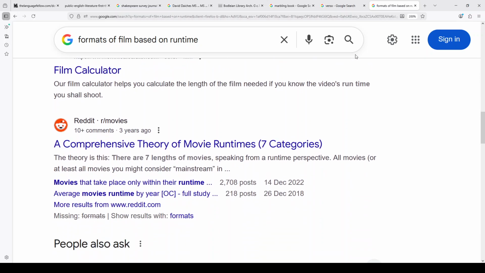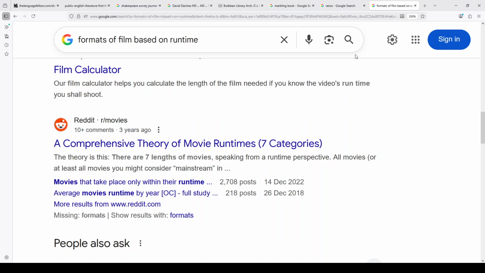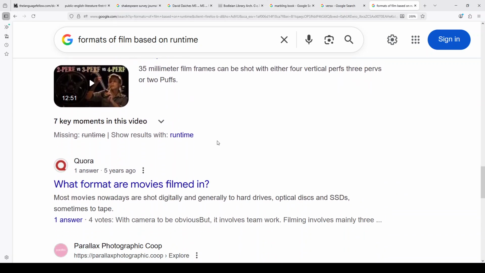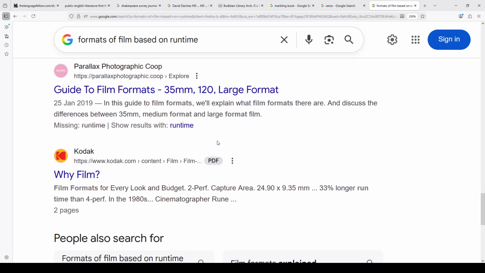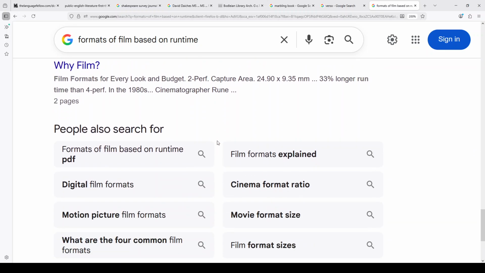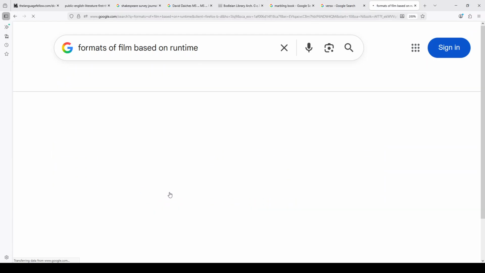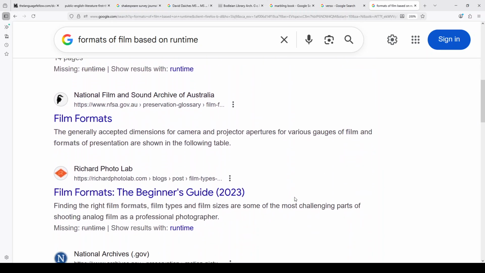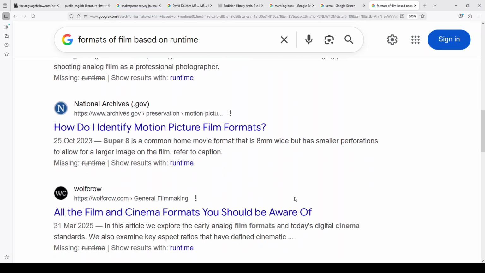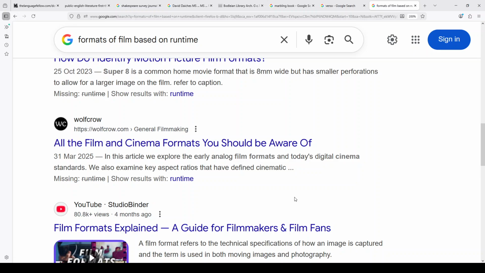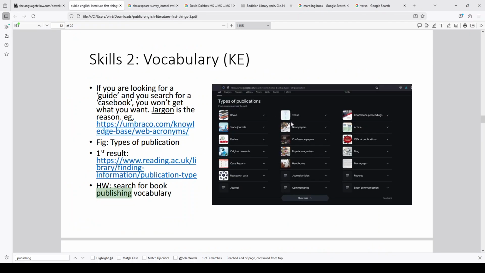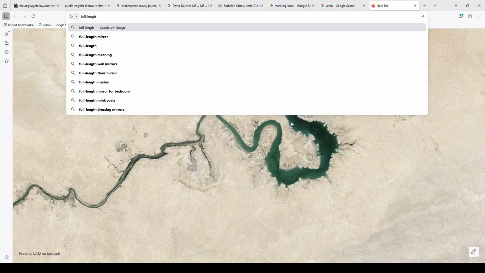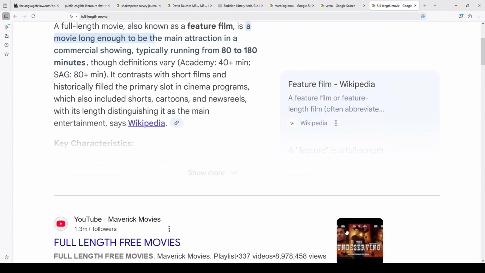No, I'm not getting what I wanted, it's giving me something totally different. The point is, you have shorts, you have full length movies, and so on, right?